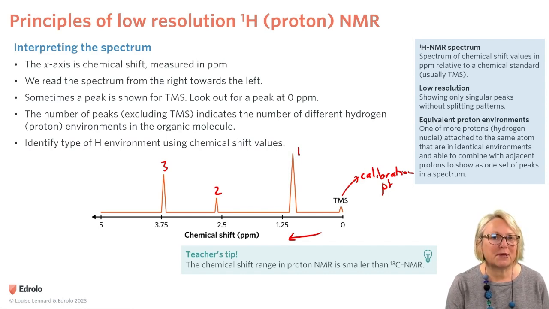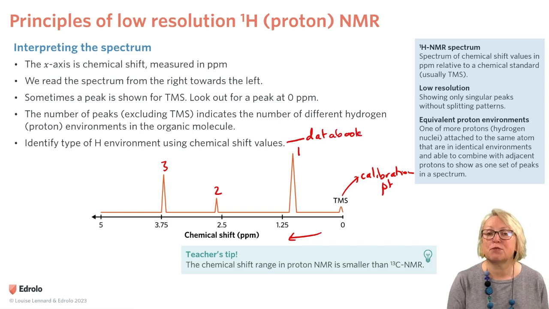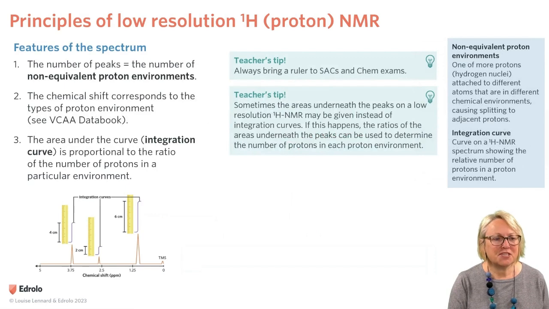The number of peaks excluding TMS indicates the number of unique hydrogen environments in the organic molecule, and we can identify the type of hydrogen environment using our chemical shift values from the data book. So we do this in a very similar way to how we interpreted 13-carbon NMR. Features of the spectrum: the number of peaks, excluding TMS, is the number of non-equivalent proton environments.